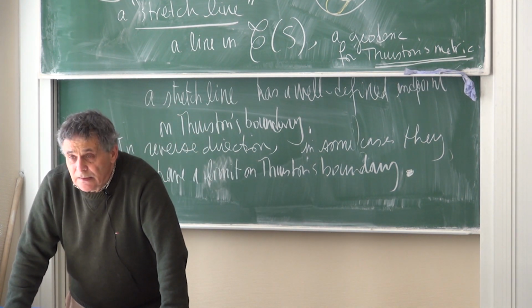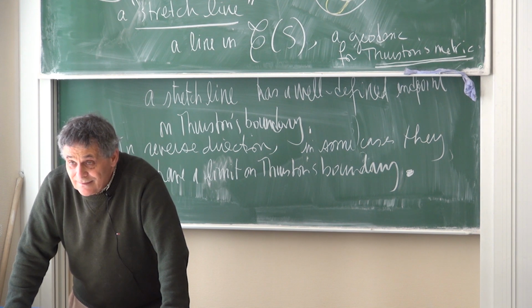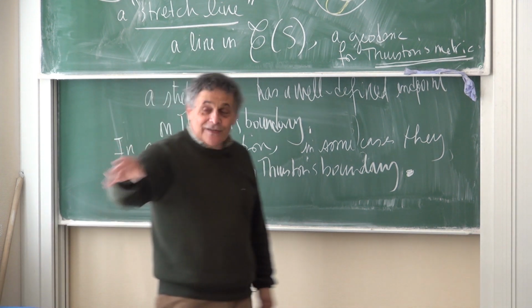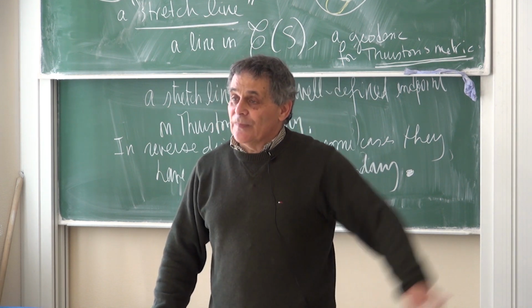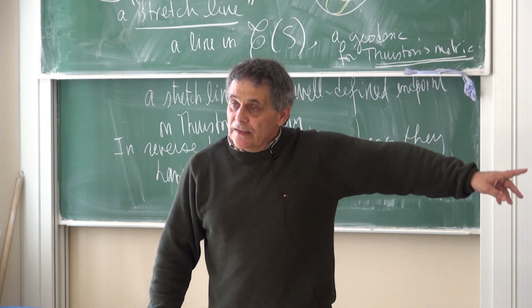I have a stupid question. Don't we arrive in the reverse direction to the most symmetric case when all these shifts are zero? This is a very good question. But not always.